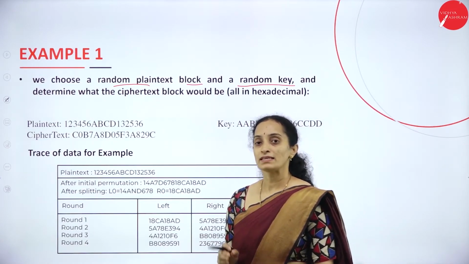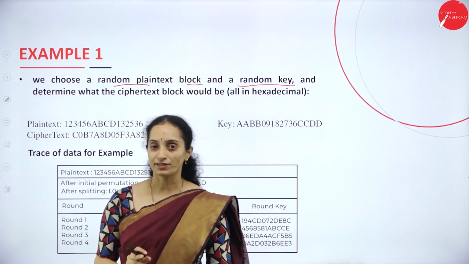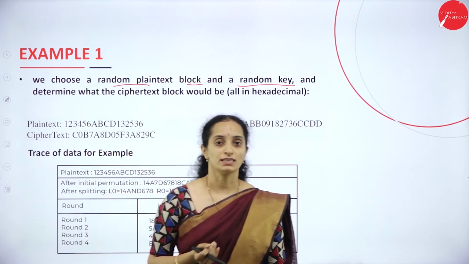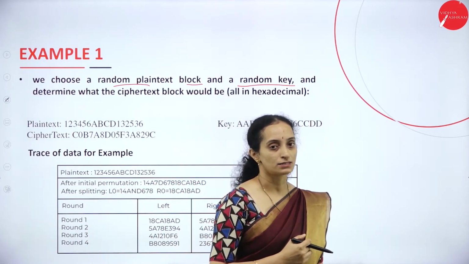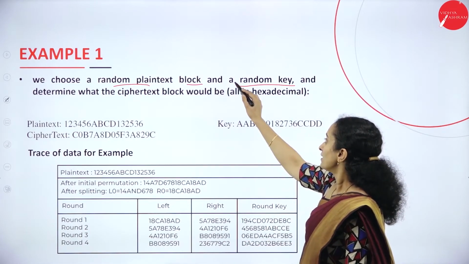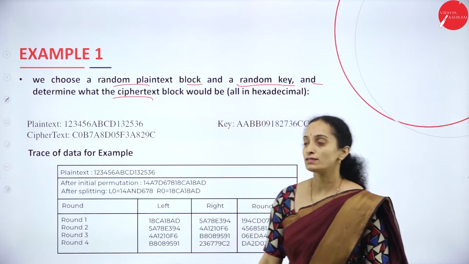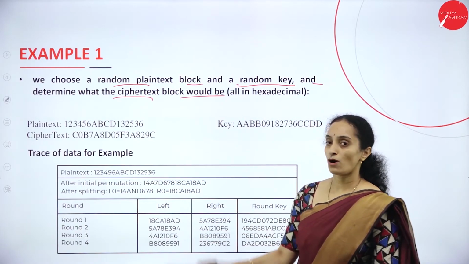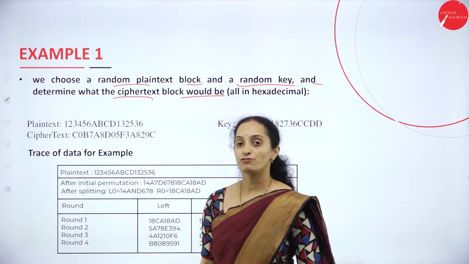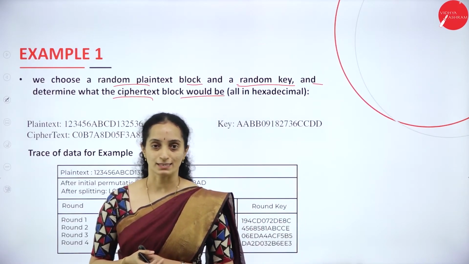As I said, the key is not prefixed. It will change with each of the rounds. We then determine what ciphertext block would be generated when we follow all these steps.